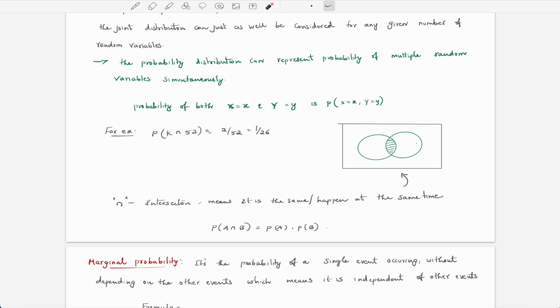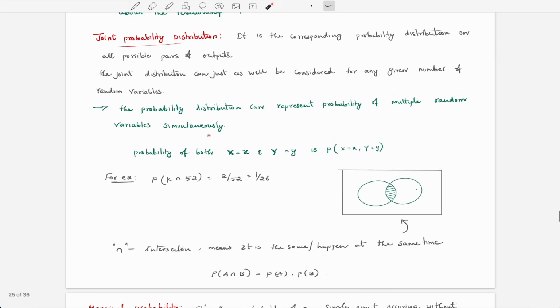How are we going to find this? If we have these two sets, and we have two kings in these two sets, right? I just want this intersection, which is king, 2 by 52, which is 1 by 26. I hope you have a basic intuition about what this joint probability is. By the word you can understand that joint means combining. This is an intersection here.